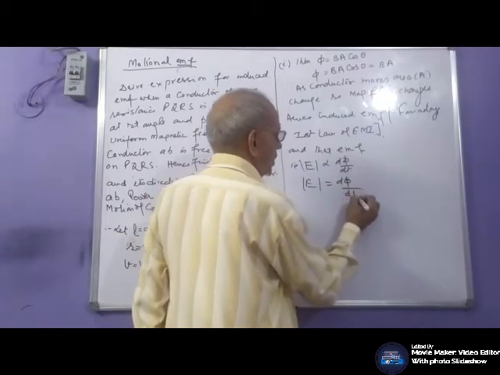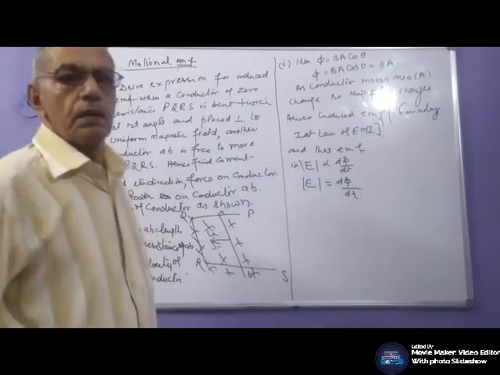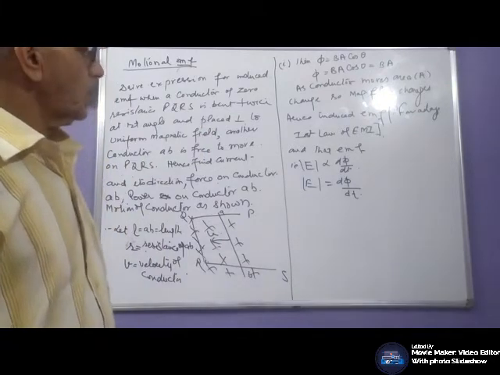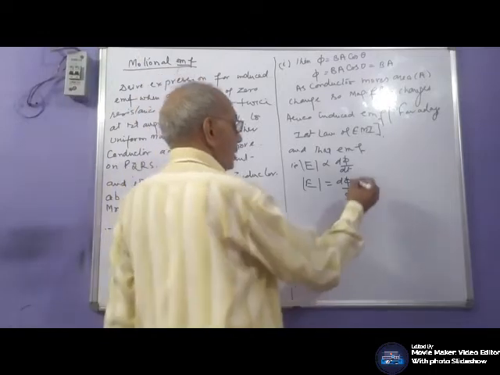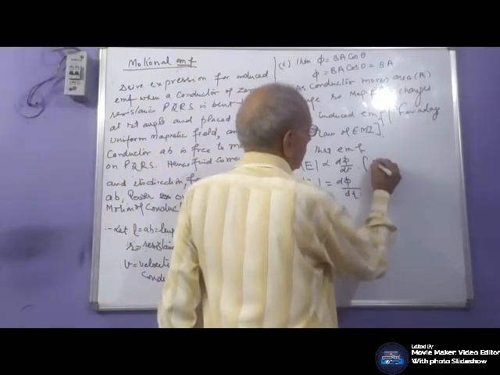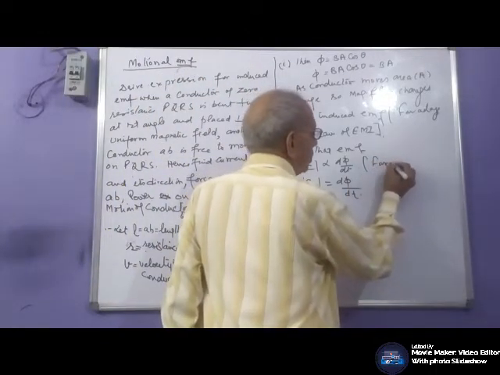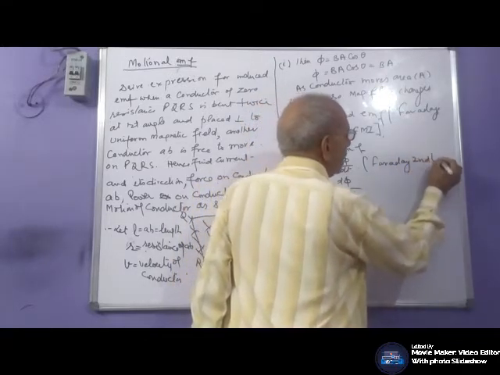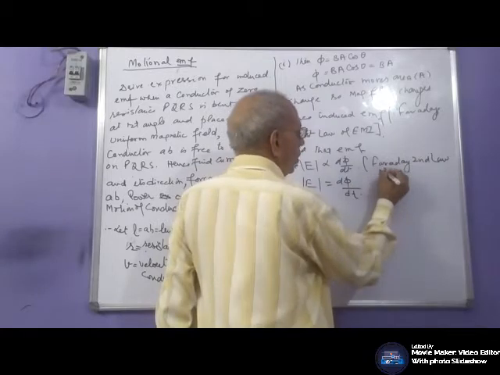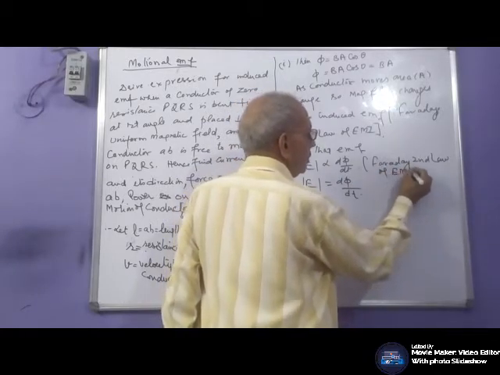One wire है, number of turns one. From where? Faraday second law of EMI.